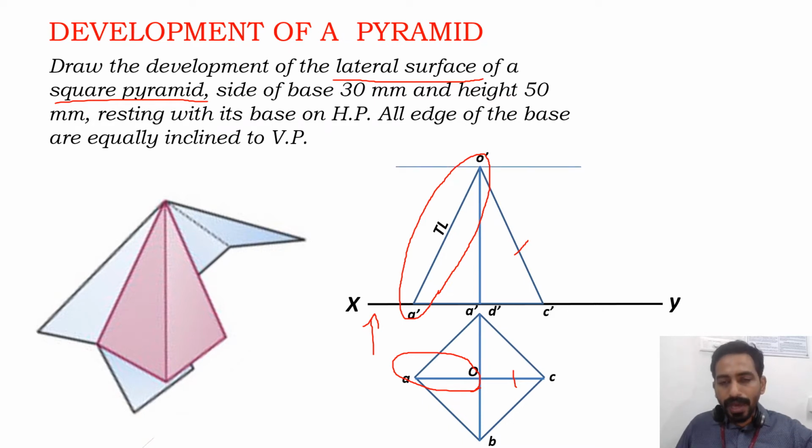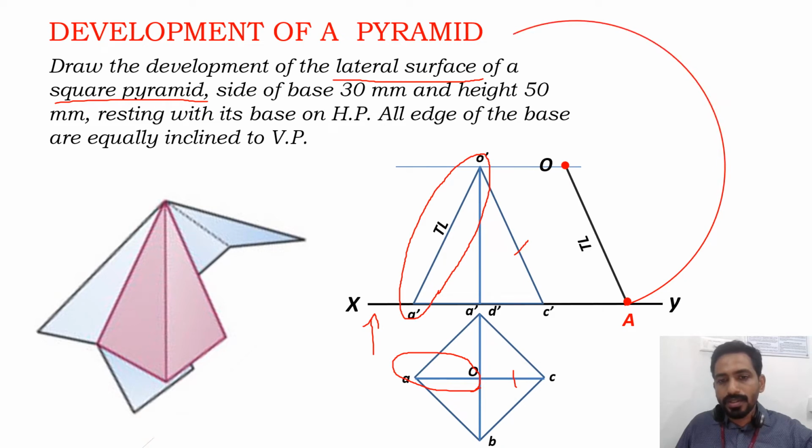Now I'll draw the parallel line and I will construct the first slant edge here with the true length, parallel to this true length slant edge. So you can see that OA I have marked, which is parallel to this true length slant edge, and taking O as the center and OA as the radius, OA is actually the true length of the slant edge.